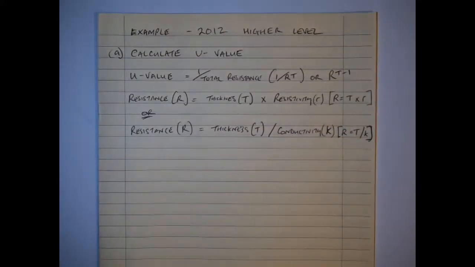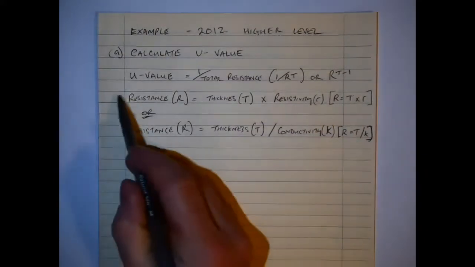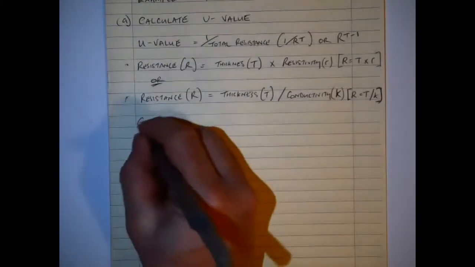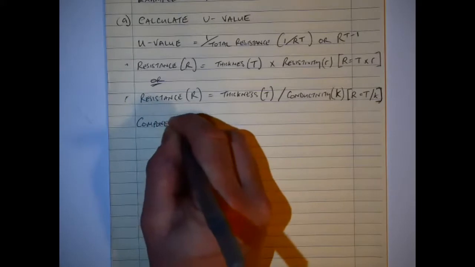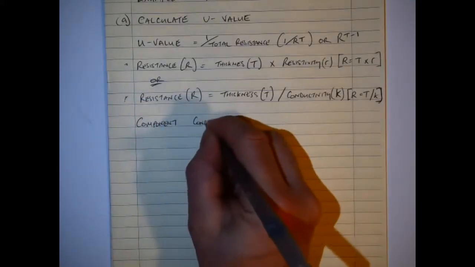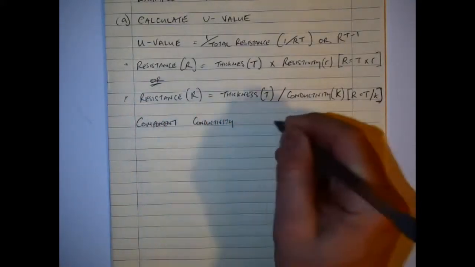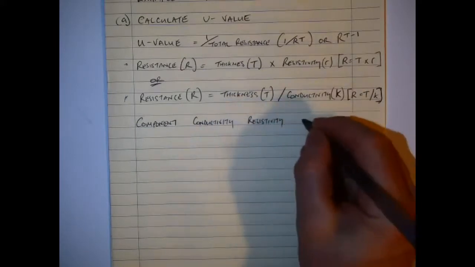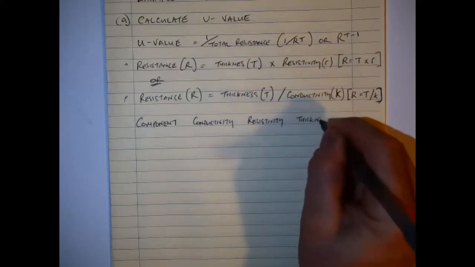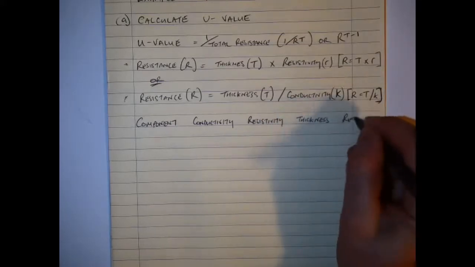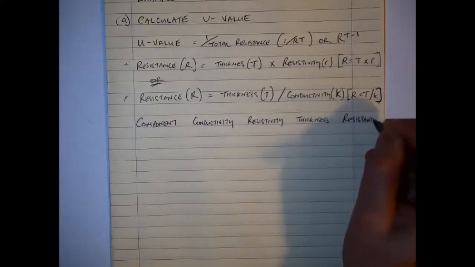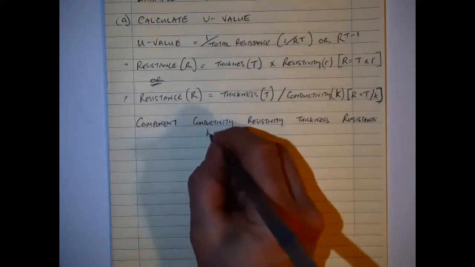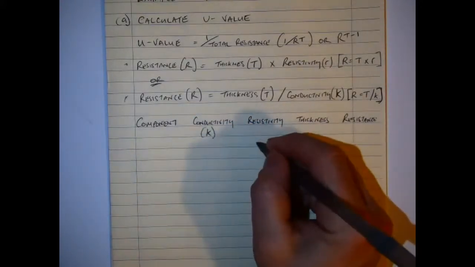As with every other table, we're going to set out the table as it should be. So we start with our component, where we'll list all our components, our conductivities, whichever we're given, and resistivities, whichever are given, our thicknesses, and our resistance. The values for each of these are also given in the question.